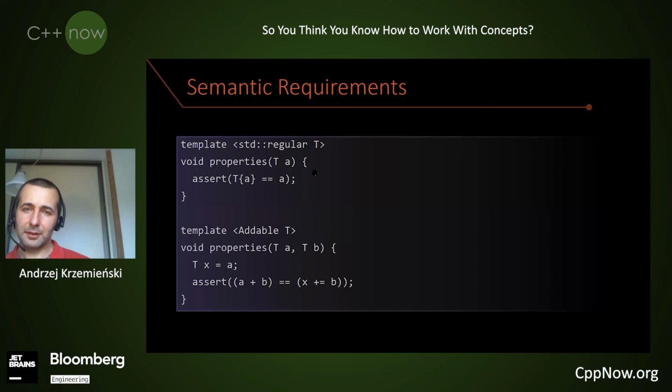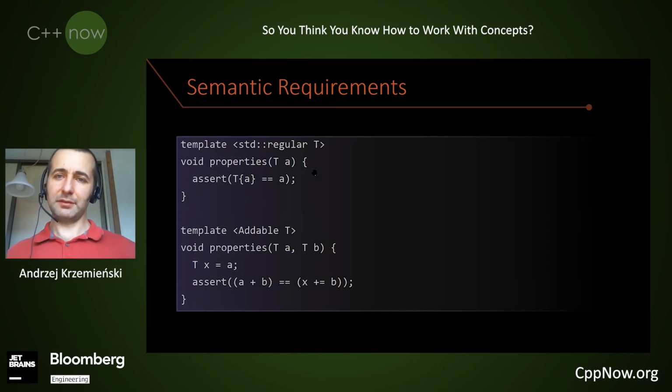Like our concept addable already derives from concept regular. And concept regular is not only about providing a copy constructor and an equality operator. It also requires, even though we cannot spell it out, that when I actually do this copy, it should compare equal to the original.